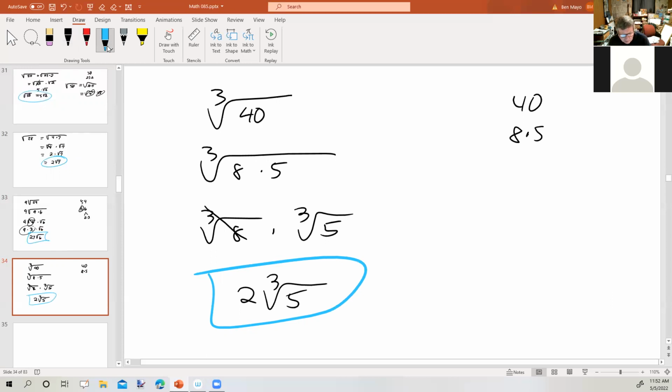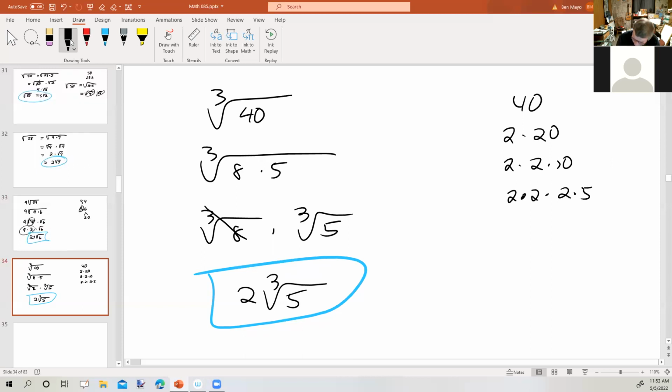Now, that's doing it the quick way because I knew that 8 was a cube and that 8 was a factor of 40. Let's say that that isn't something that you see really quickly and really easily. So let's look at how we could deal with this a different way. Well, we could say 40 is 2 times 20, and 20 is 2 times 10, and 10 is 2 times 5.